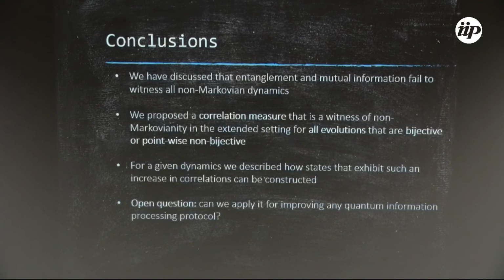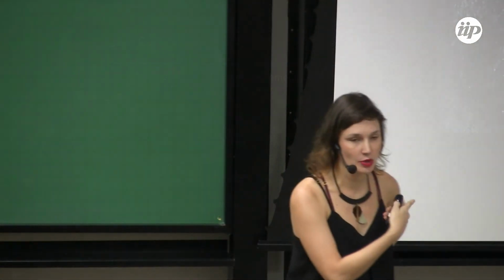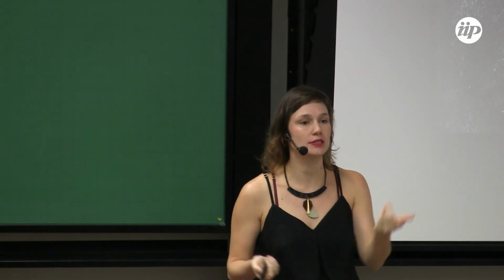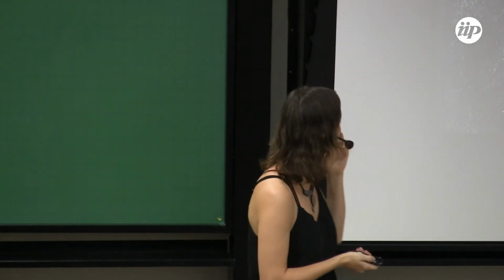Well, I already said my summary. Also, the way that I can find these states, this is important to say, I haven't written it here, I can do it through SDP. So I can construct these states, and I can do it effectively.